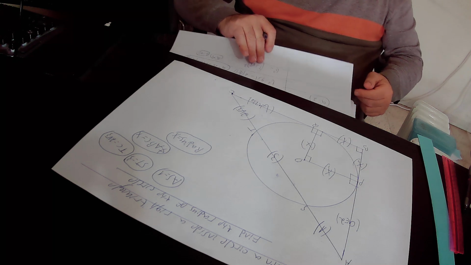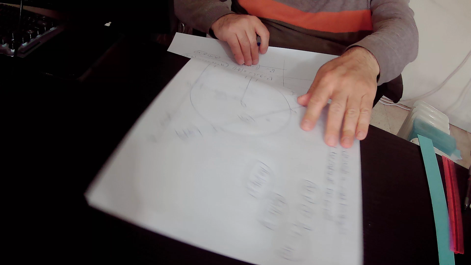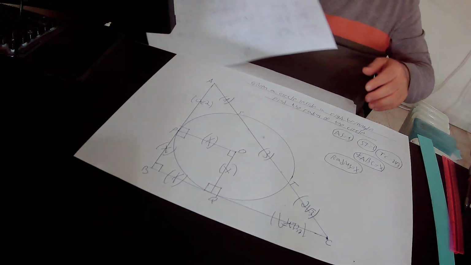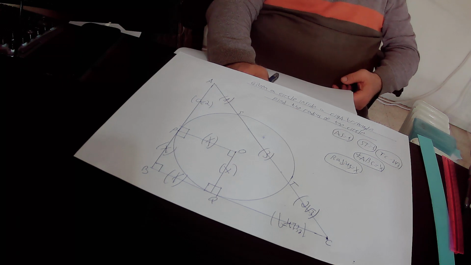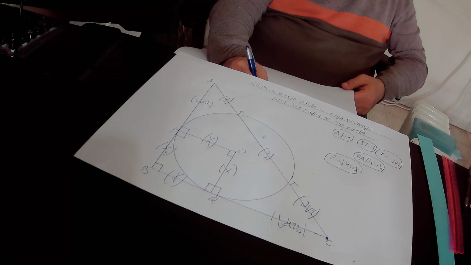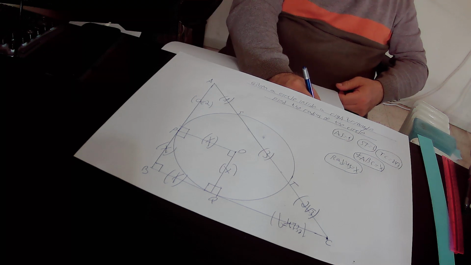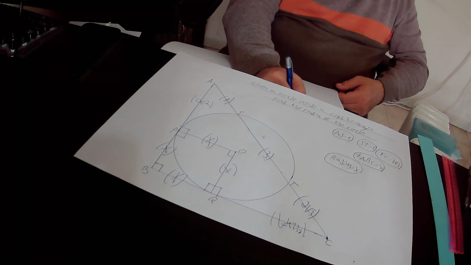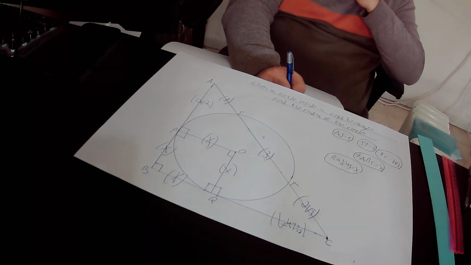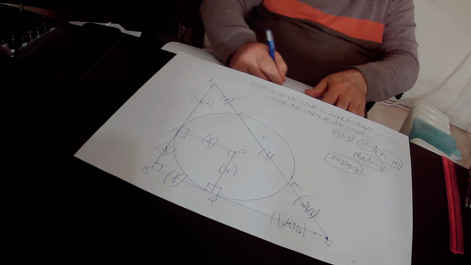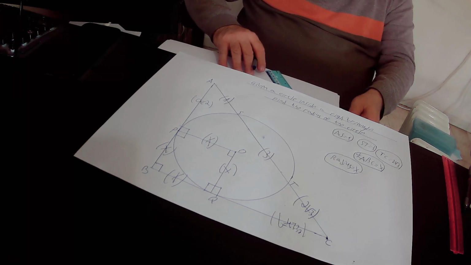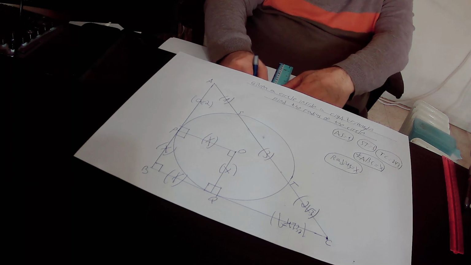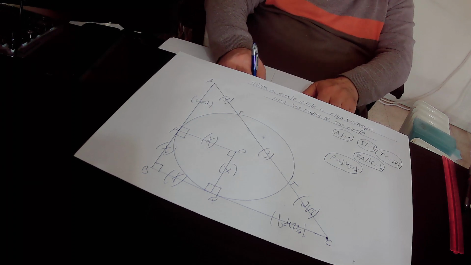So in the next step, we will implement the Pythagoras theorem in this big right triangle, triangle ABC. Here, PT is the abbreviation for Pythagoras theorem. According to the Pythagoras theorem, in any right triangle, the square of the hypotenuse equals the sum of the squares of the perpendiculars.